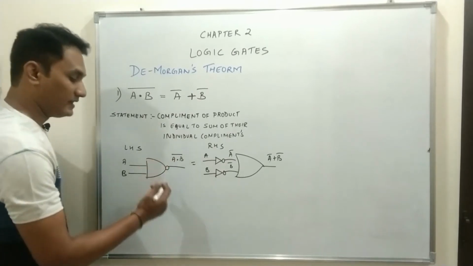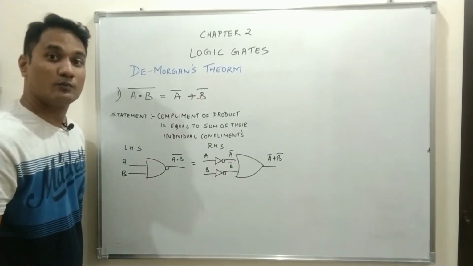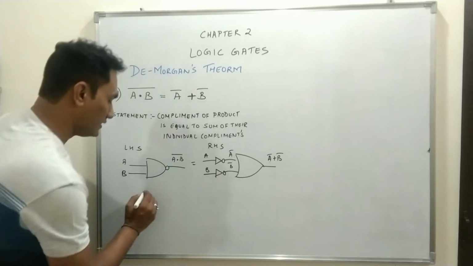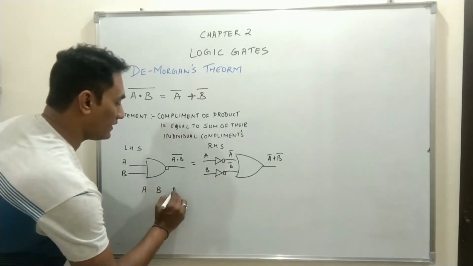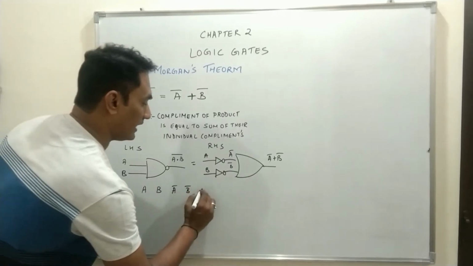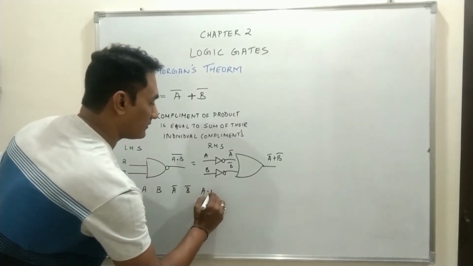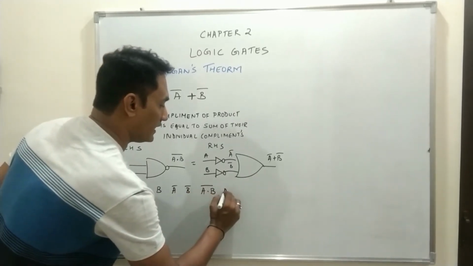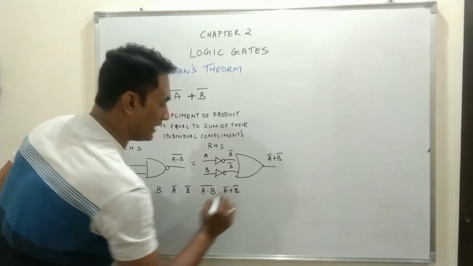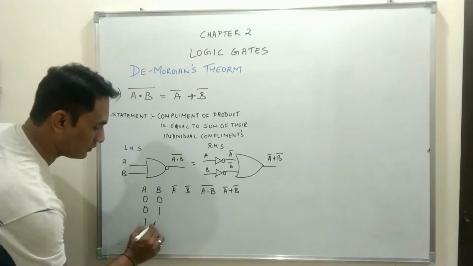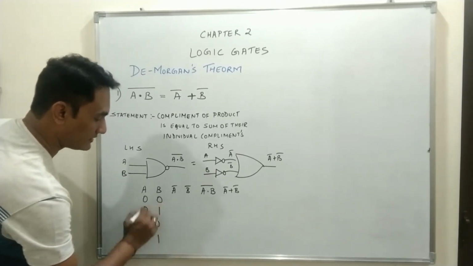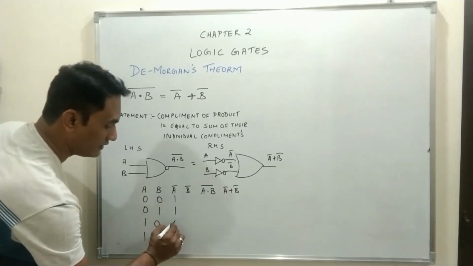And then in the last step you have to prove using a truth table. So the truth table will have columns A, B, A bar, B bar, (A dot B) whole bar, A bar plus B bar. A and B: 0 0, 0 1, 1 0, 1 1. A bar is the complement of A: 1 1 0 0.